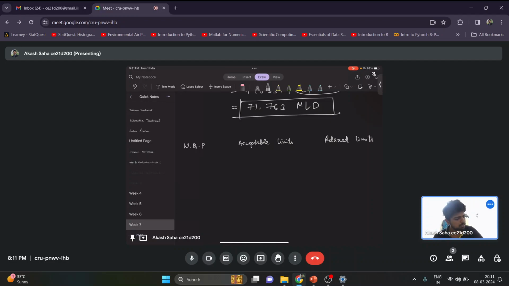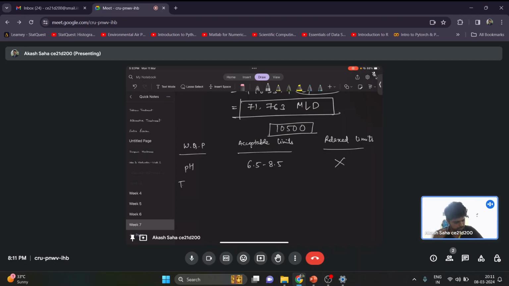So my first water quality parameter is pH. The acceptable limit is 6.5 to 8.5. This is all with respect to IS 10500. pH has no relaxed limit.